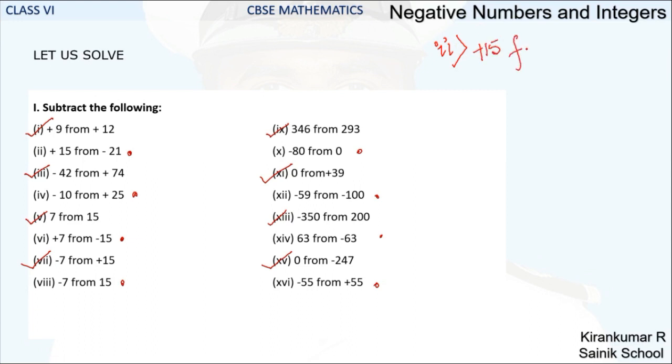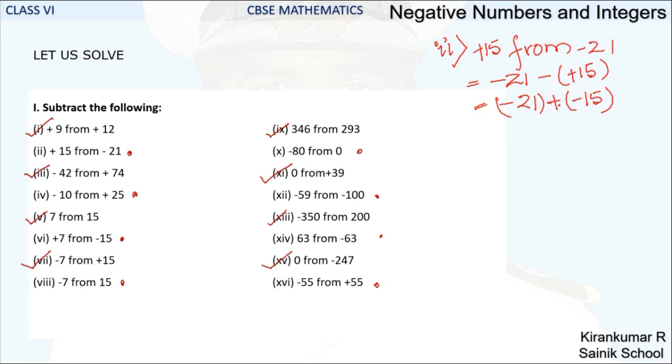Second one is positive 15 subtracted from negative 21. So this can be written as minus 21 minus positive 15. I'll change it into an addition question. This becomes negative 15. Remember, for this positive 15, I need to change the sign.